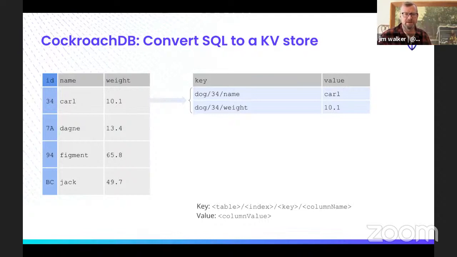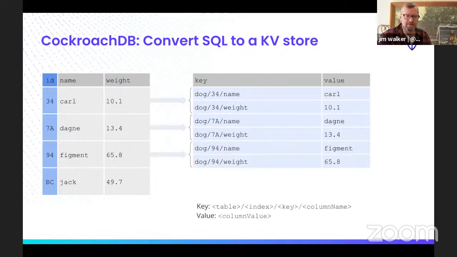So the KV here is basically the table, the ID, the key value for that relational table, and the column all appended together. And then we're going to encode this into some really interesting things underneath the covers. It isn't going to look like dog 34 name. It's going to look like hex code. Hex code allows us to do some really cool things, right? And then we're going to store a value. And we do this for each row.